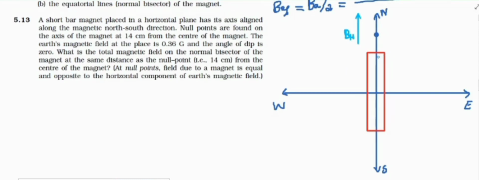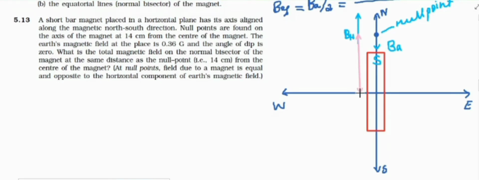Now first we have to decide which pole is here. You are getting null point here. As it is null point, it means there is no magnetic field, which means there is a magnetic field cancelling this BH. So which pole must be there for that purpose? We know south pole must be there, so that B axial is acting towards the south pole. And total distance is given, 14 centimeter from the center of the magnet.